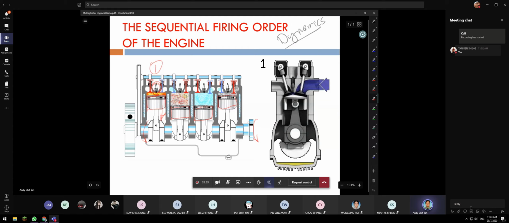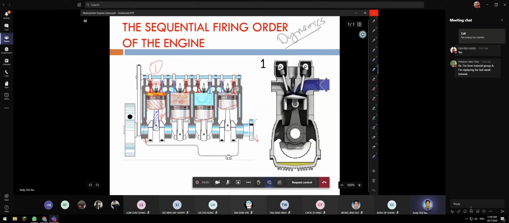All right, so this is a piston. So if the piston is not strong enough, the piston will break into pieces, isn't it? All right, then the force needs to be transmitted to the connecting rod. This is a connecting rod. Force needs to be transmitted to this rod. All right.